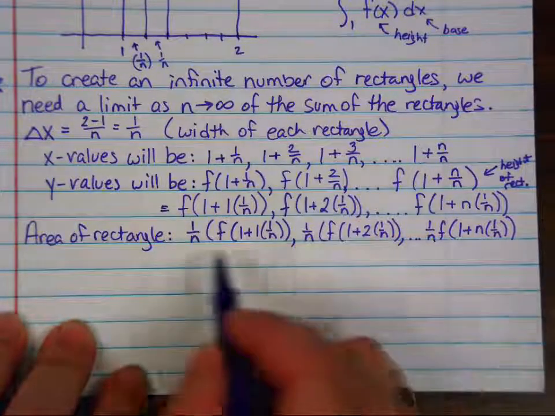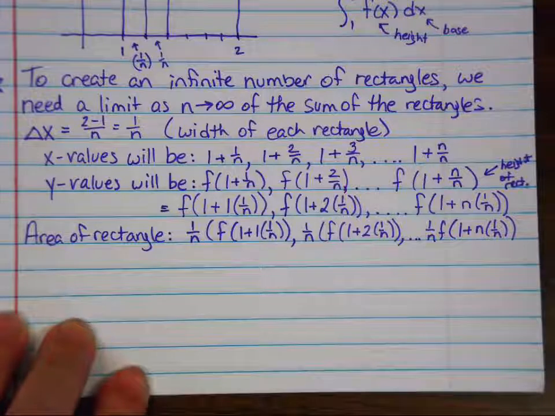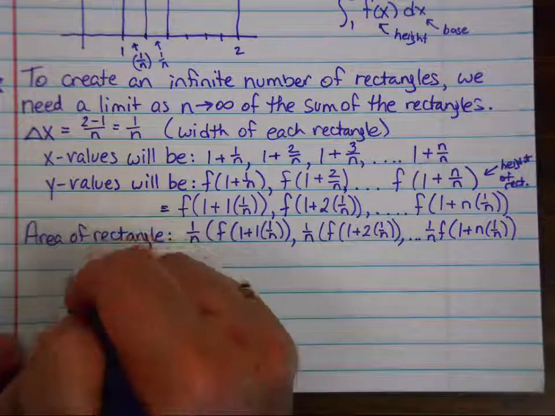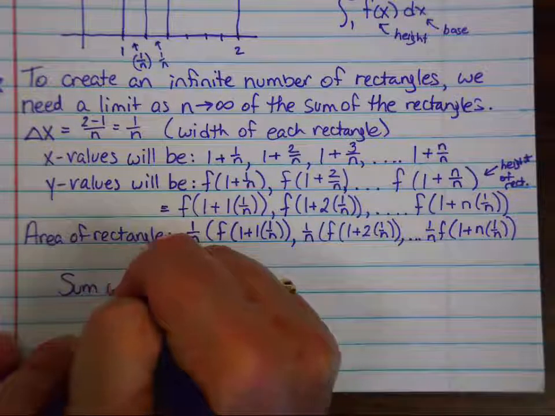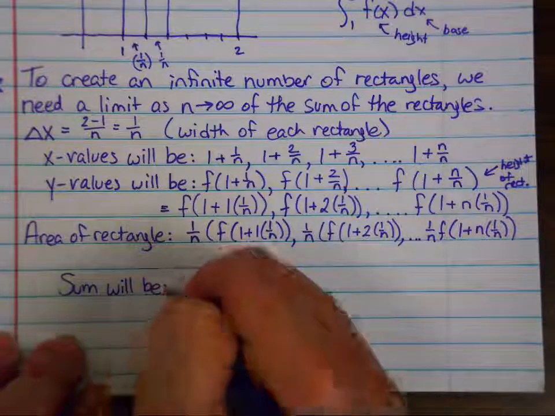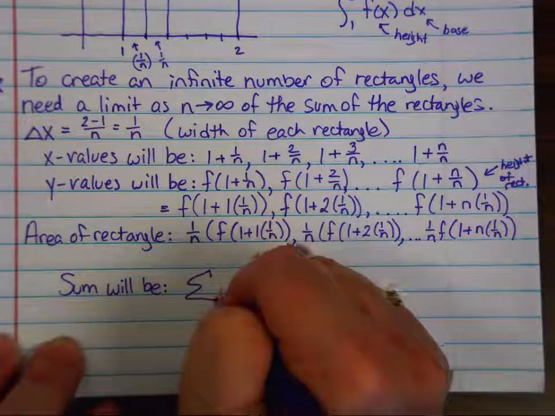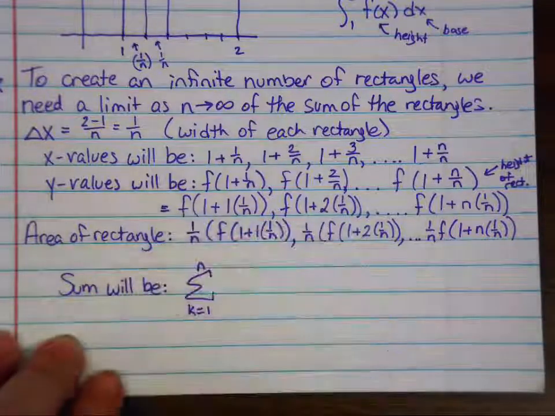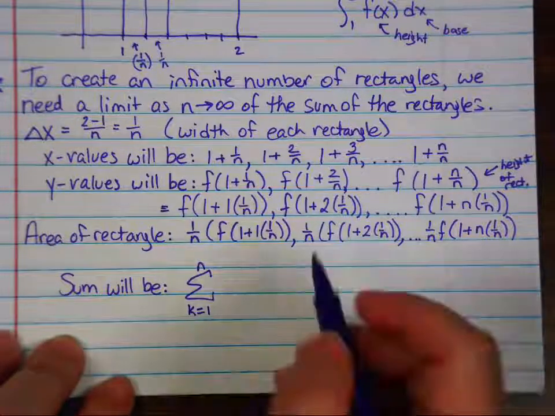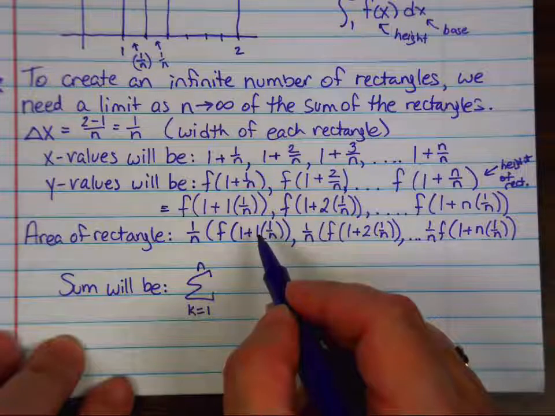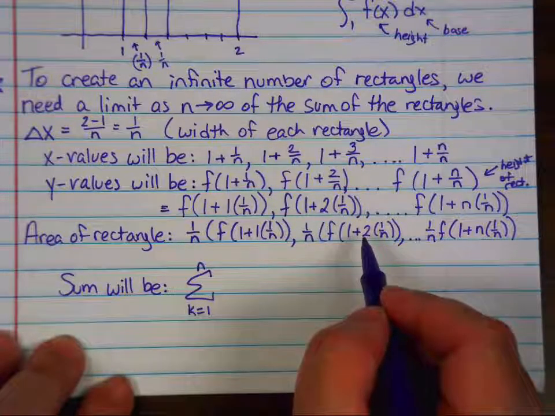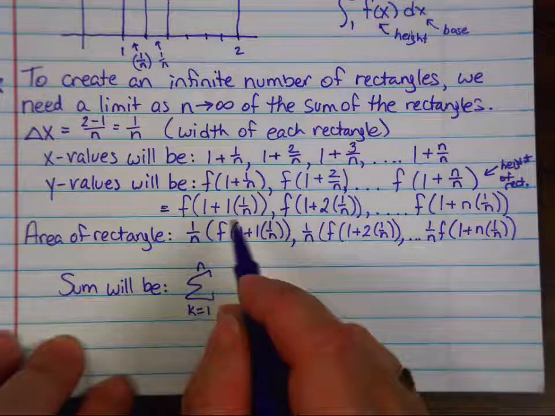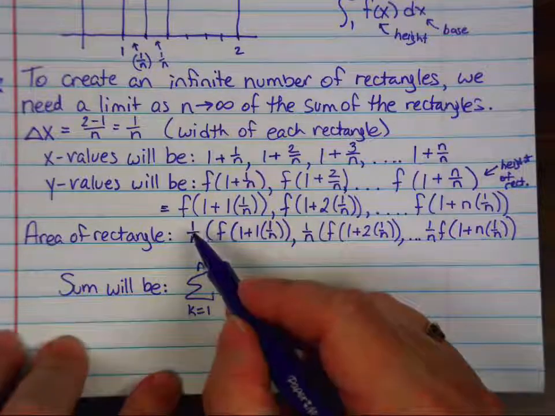Okay. Now, I don't want to write all that out. That's too much writing. So let's write it as a sum. So the sum will be, let's do it this way. It always goes k equals 1 to n. Now remember, the number in front of this parentheses right here is k. Before I write it down, the 1 over n is going last.